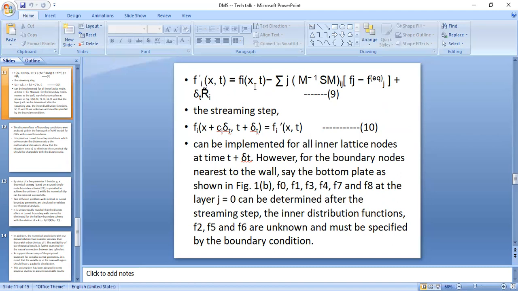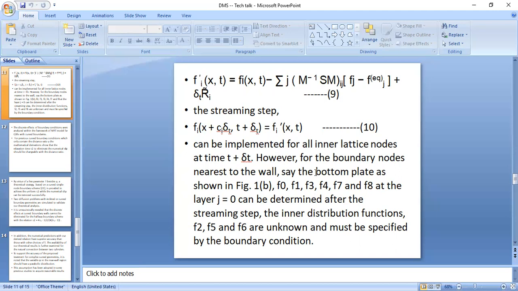This represents equation 9. The streaming step, f_i(x plus c_i Δt, t plus Δt) equal to f'_i(x, t), this represents equation 10, can be implemented for all inner lattice nodes at time t plus Δt.